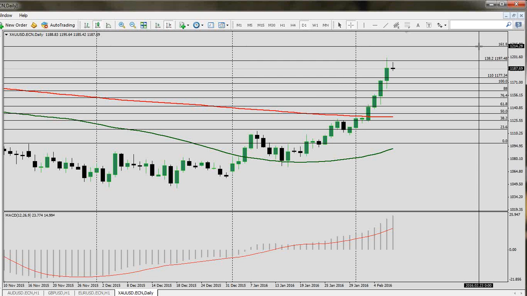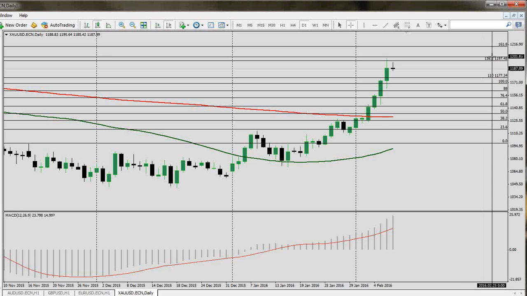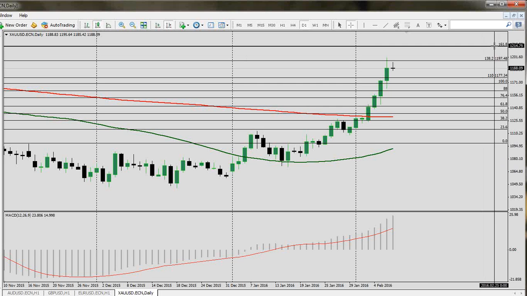the 1,214 level. If you look at it, it is also very close to the target of the candlestick strategy that we just discussed a little bit earlier. The 1,216 level is pretty close to the 1,222 level, so it makes it quite interesting for us to look at that level.